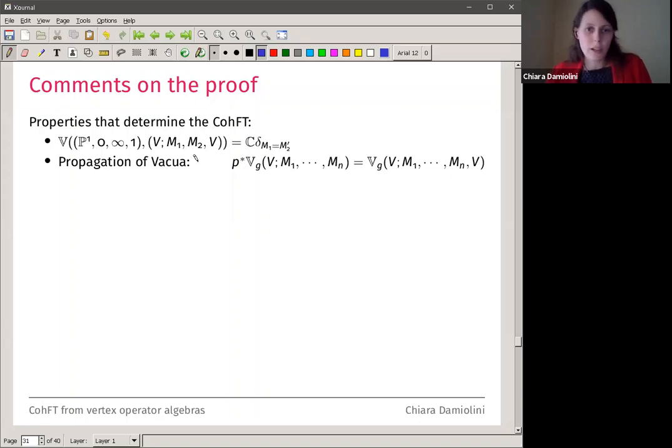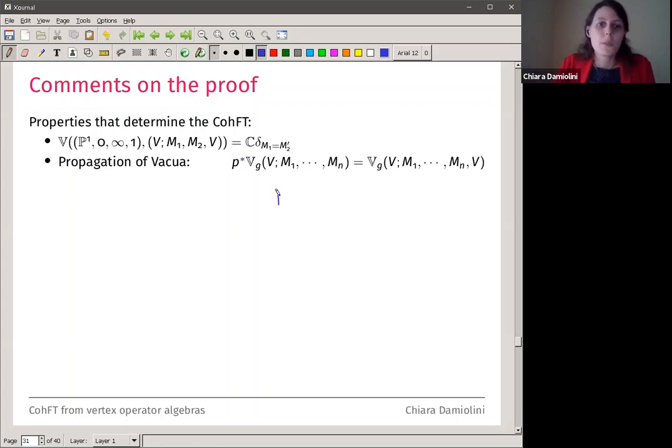For propagation of vacua, this just means that I can always add an extra point where I insert the adjoint representation V, and my space doesn't really change.